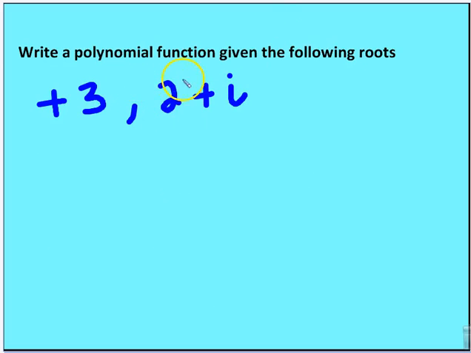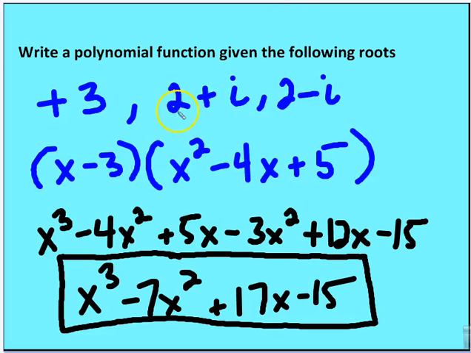Lastly, we want to write a polynomial function given the following roots: 3, 2 plus i. Notice that we have a missing root that I haven't given to you. Remember, complex roots always travel in pairs. So 2 plus i and 2 minus i are the roots. 3 as a root produces a factor x minus 3.